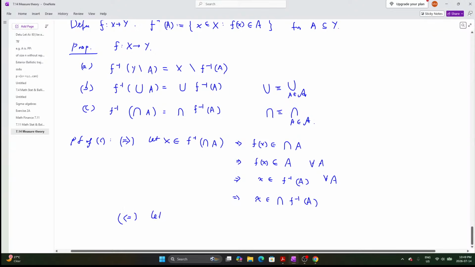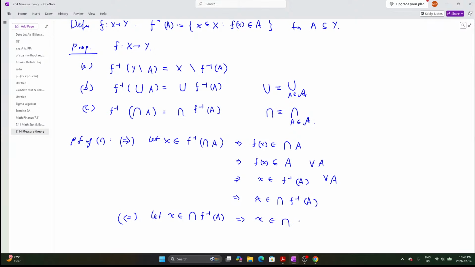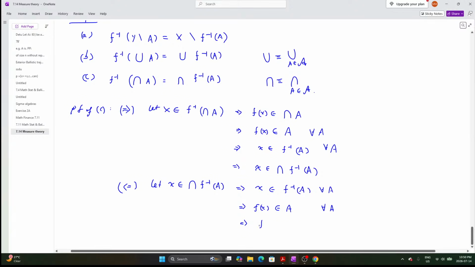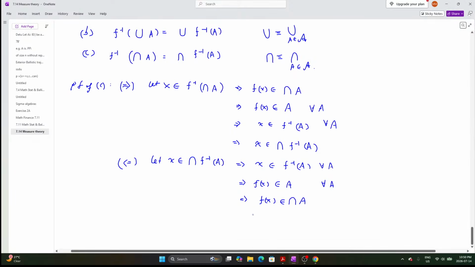Opposite direction: let x be in the intersection of f inverse of A. Then x is in f inverse of A for every A. So f of x is in A for every A, then f of x is in the intersection of A. Okay.